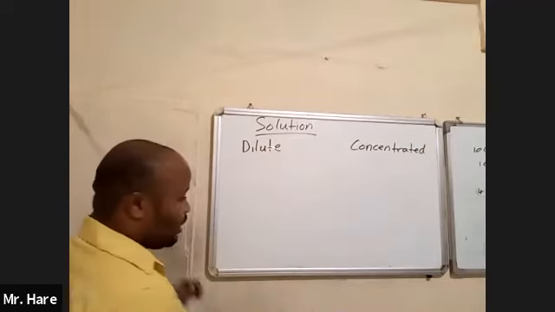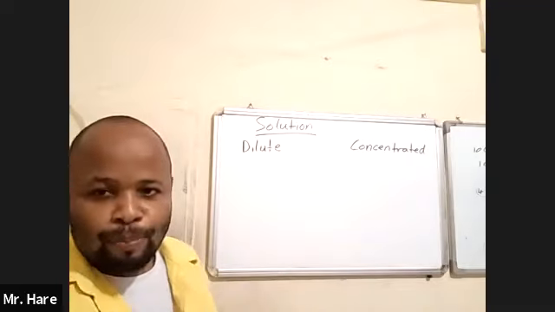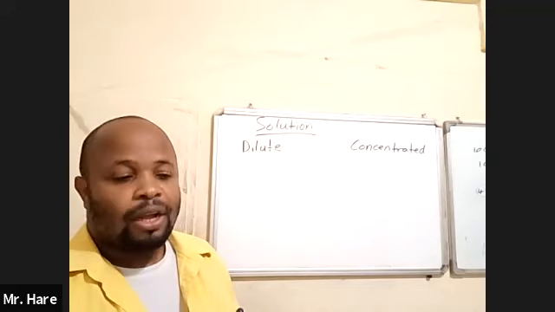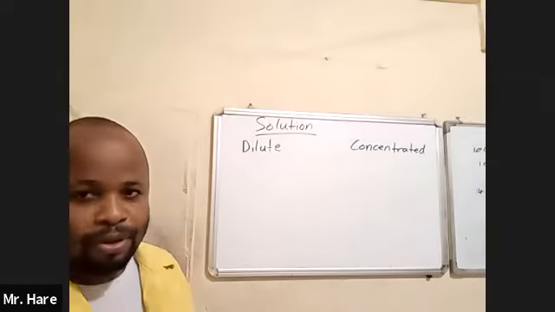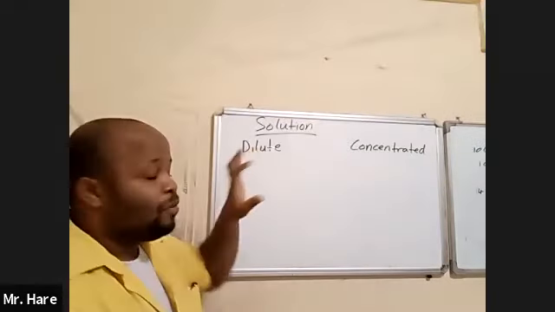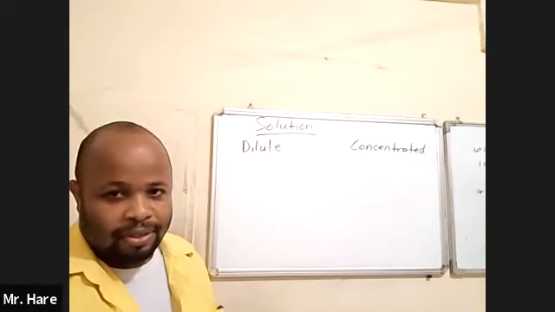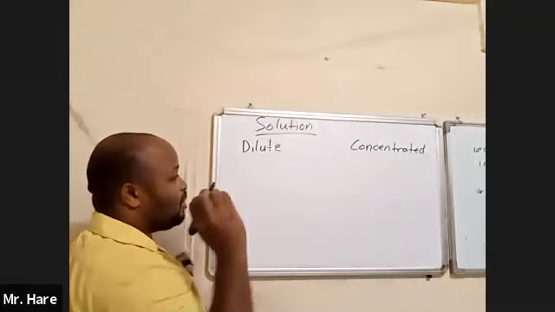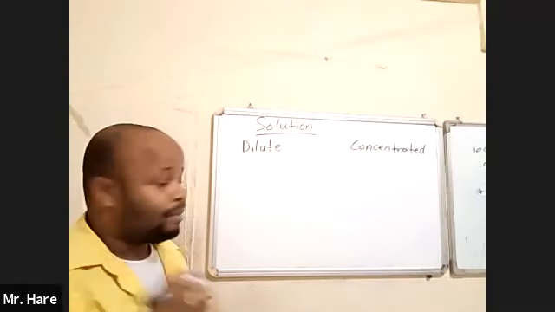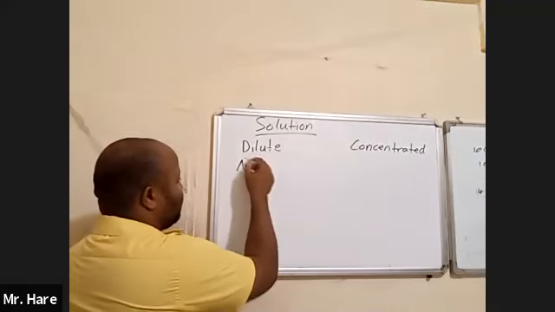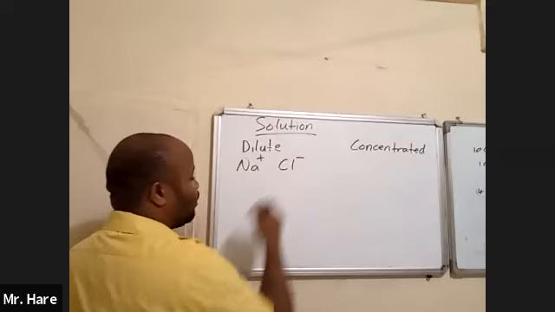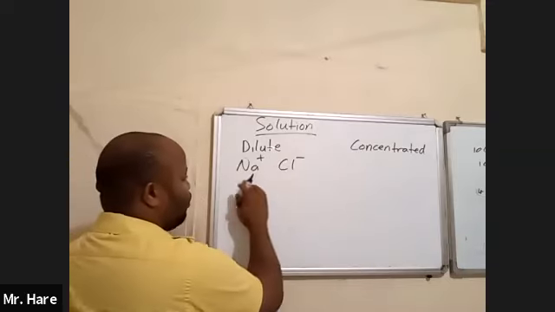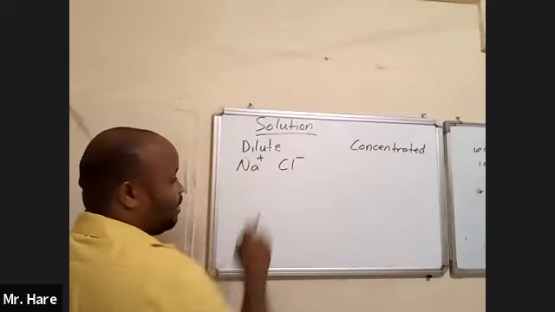Now, previously, if you have an ionic compound and you melt it, all you will have is the ions that make up the compound. However, if you dissolve it in water, what is going to happen? Using sodium chloride again, you will have the ions from the compound, sodium and the chloride ion.